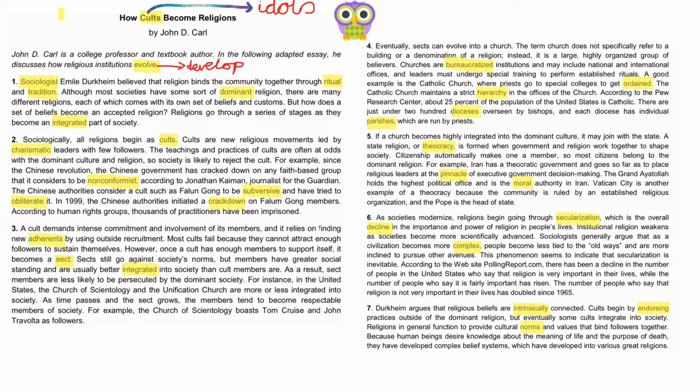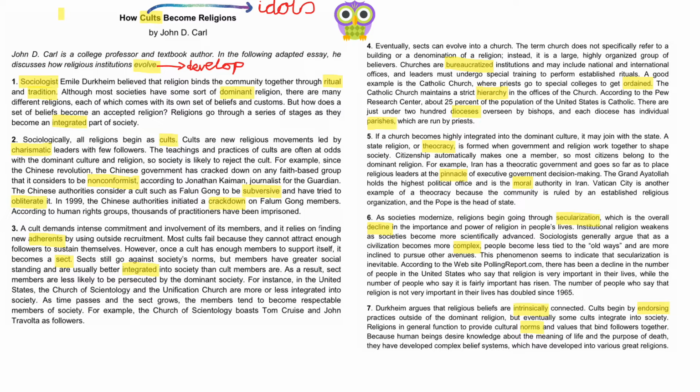The next word is non-conformist. I decided to break this word down into two words, non and conformist. Non, which is not, conformist, which is someone who follows the rules. So clearly, non-conformist would be someone who actually doesn't follow the rules. Okay, they go against the norm.